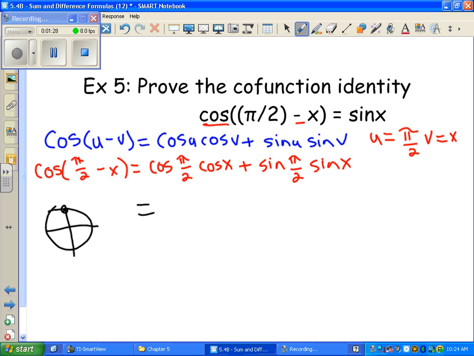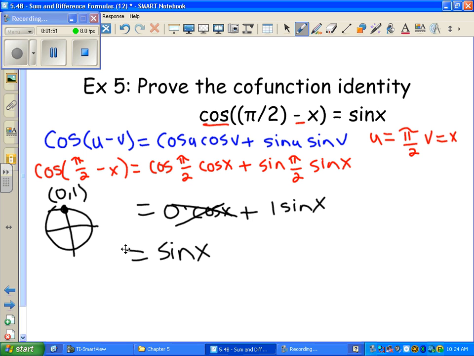That would be right here. My cosine is 0, my sine is 1. So cosine of pi over 2 is 0 times the cosine of x plus the sine of pi over 2 is 1 times the sine of x. And so this term is going to go away, and I end up with the sine of x, which is exactly where I was trying to get to. So I have just shown that this is indeed an identity.